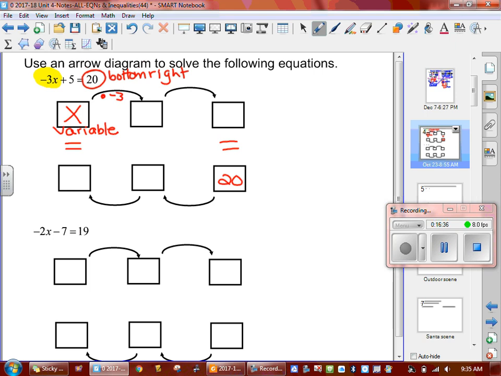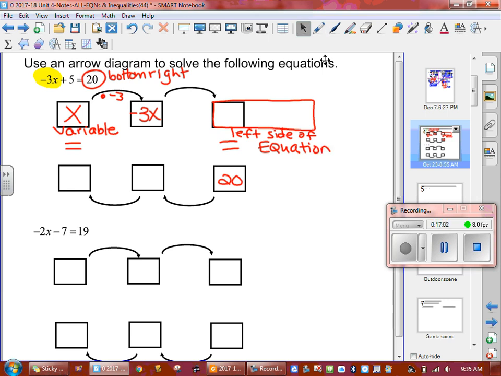Okay? So we're building our equation. Now, this box right here should be quite large because it's actually going to be the entire left side of the equation. So this is going to be the left side of the equation. Okay? So, x was multiplied by negative 3.